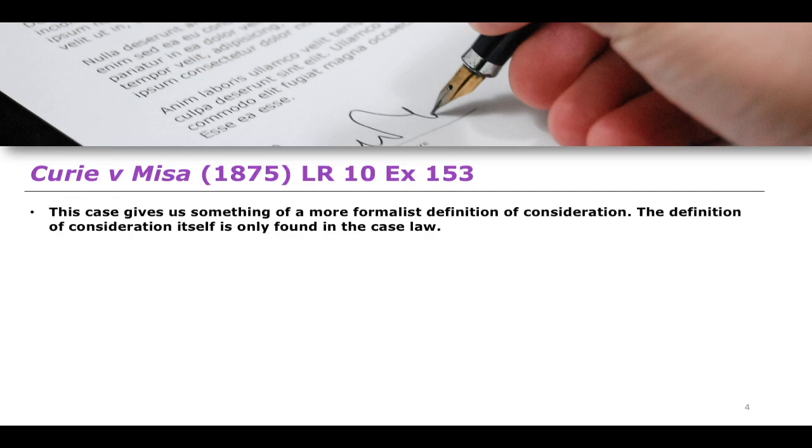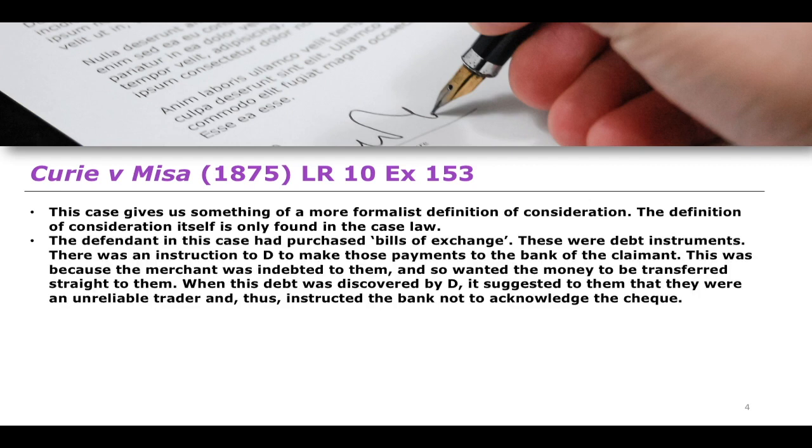The case of Currie v Misa from 1875 gives us a more formalist definition of consideration, the definition of which is only found in the case law, so this is just an example of a definition. The facts of this case are as follows. The defendant had purchased what are known as bills of exchange.